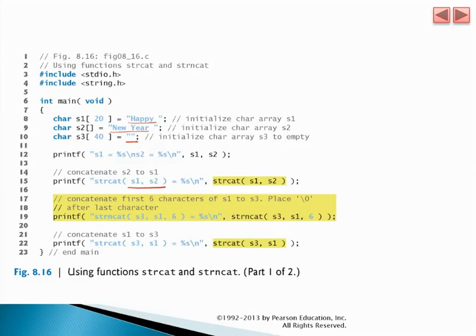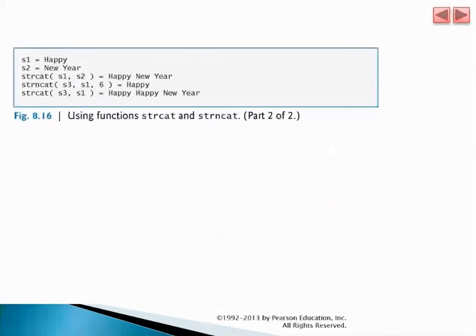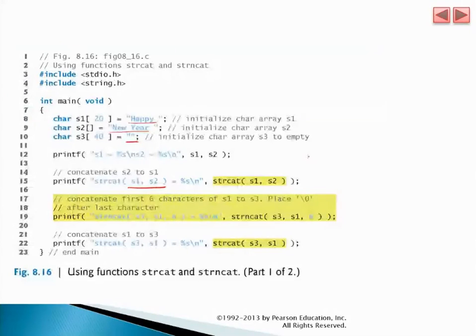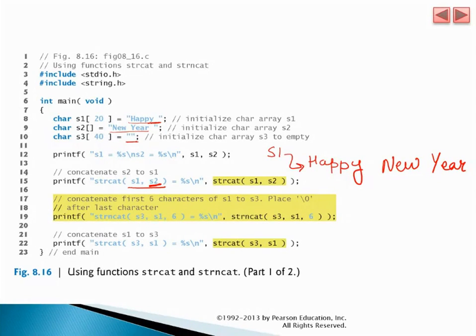First, whatever is written in S1 will come, so happy will come. Then there is a space also, so that space will also come. And then we write the second string, that is new year. Now this will become the new S1. Right? The null character is in place.